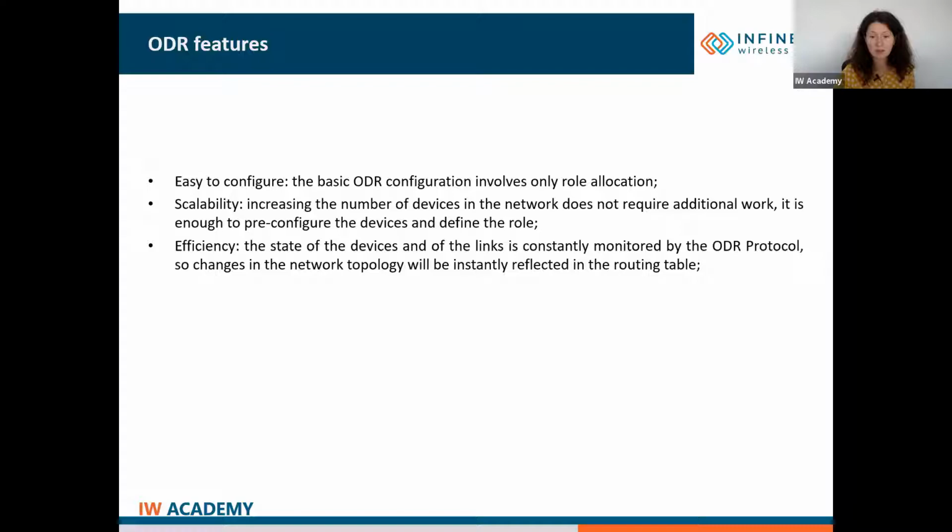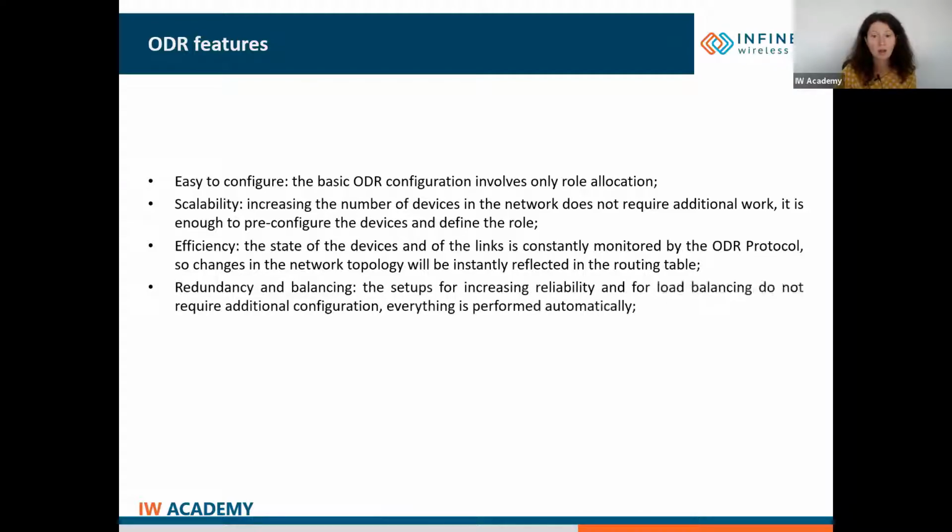Efficiency: the state of the devices and of the links is constantly monitored by the ODR protocol, so changes in the network topology will be instantly reflected in the routing table. Redundancy and load balancing: the setups for increasing reliability and for load balancing do not require additional configuration.